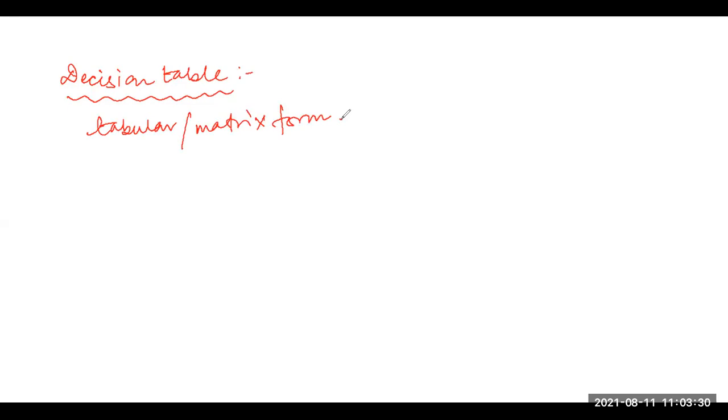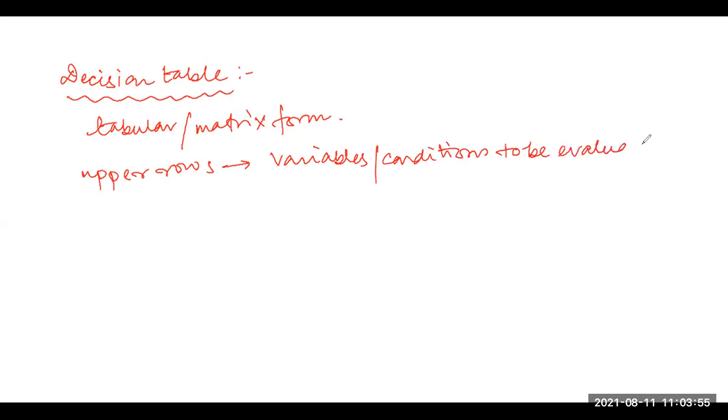The upper rows of the table will specify the variables or the conditions which are to be evaluated, and the lower rows specify the actions to be taken when an evaluation test is satisfied.